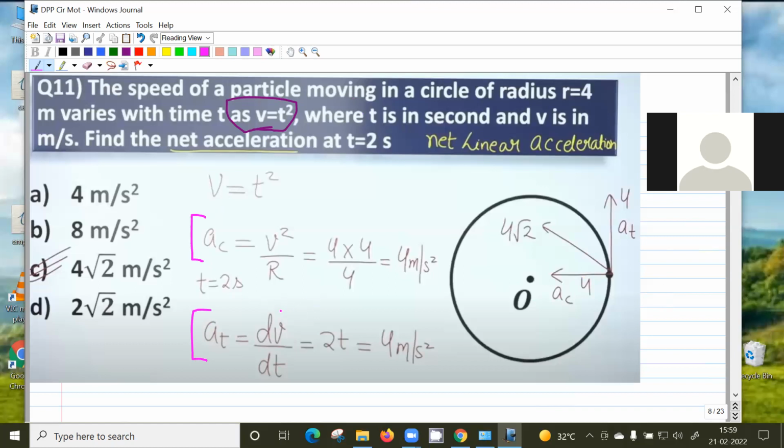The radius is not changing, so I can take r inside the d by dt, and it becomes dv by dt.